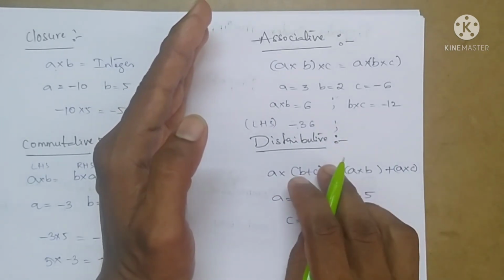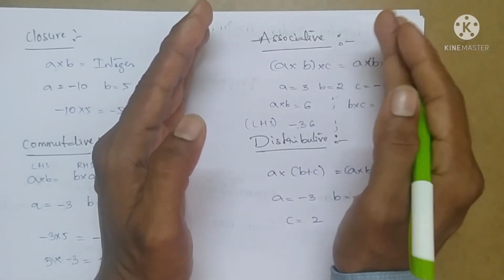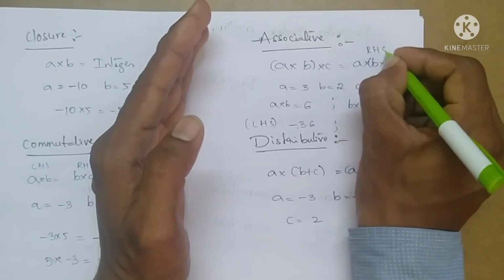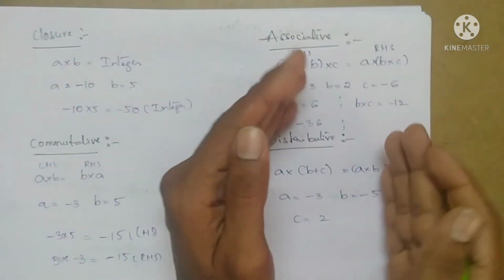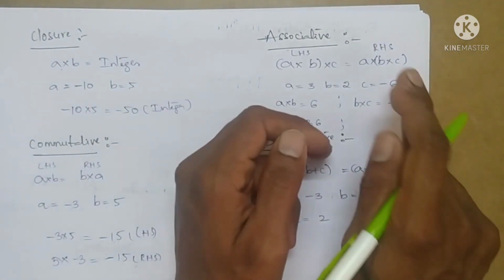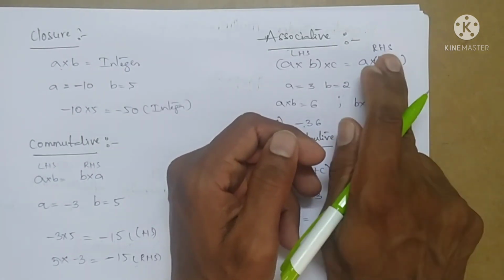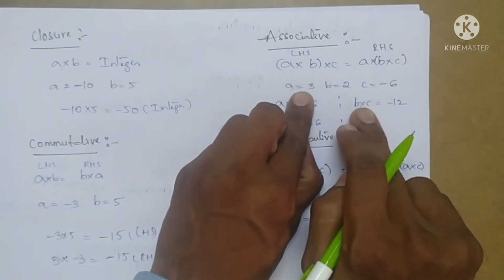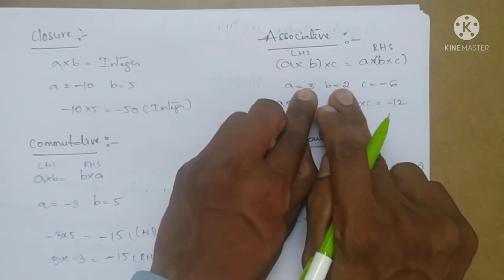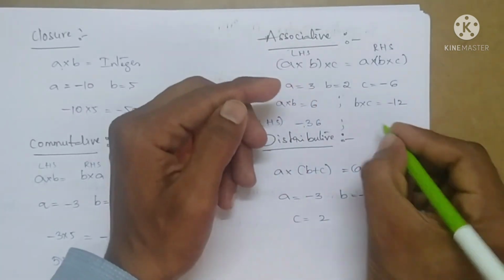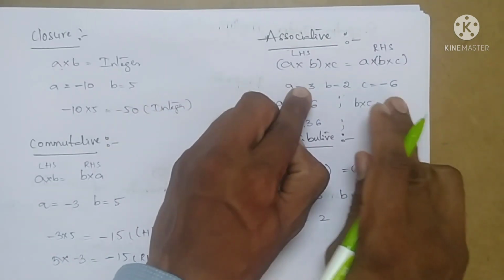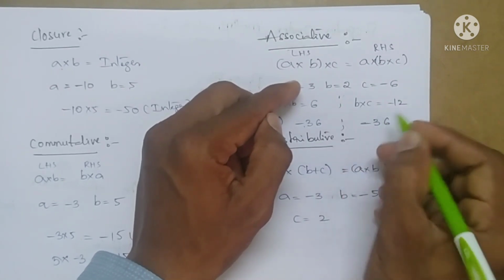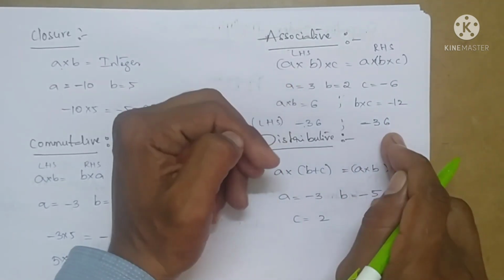In the RHS side, b into c result is minus 12, into a, so b into c into a. 3 12s are 36, right? So plus into minus, the resultant is minus. The final result is minus 36.